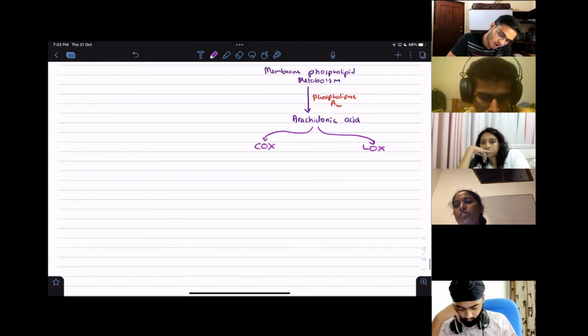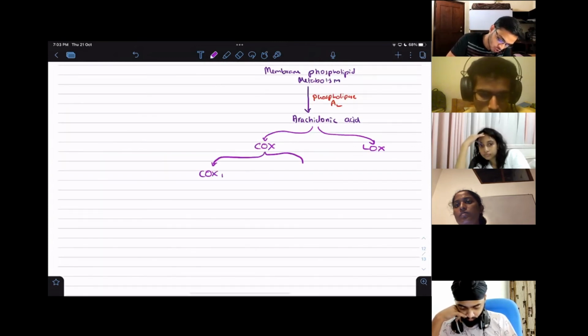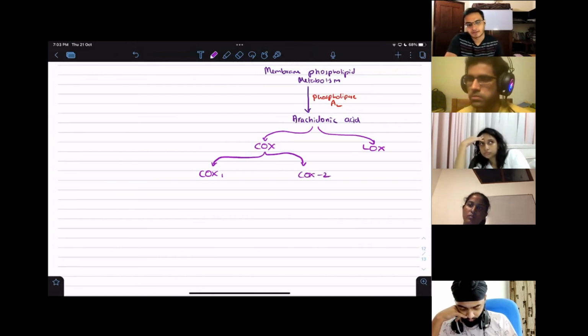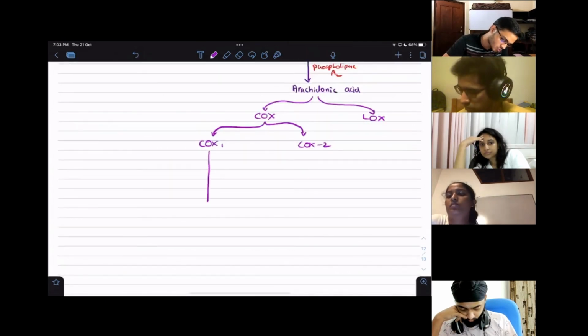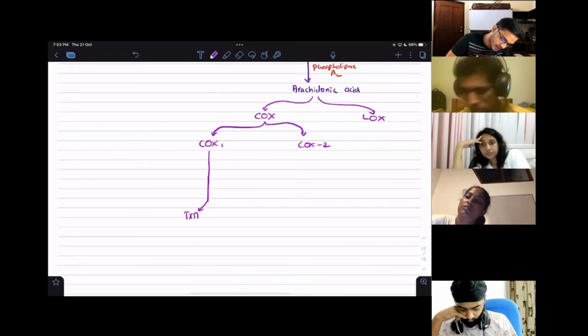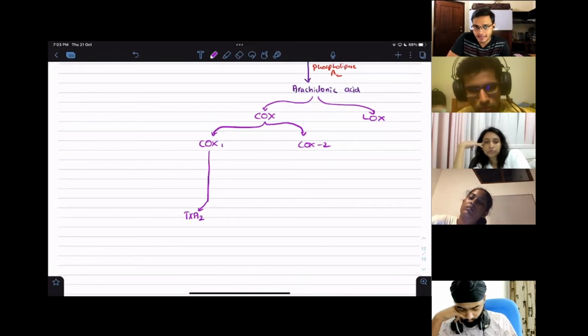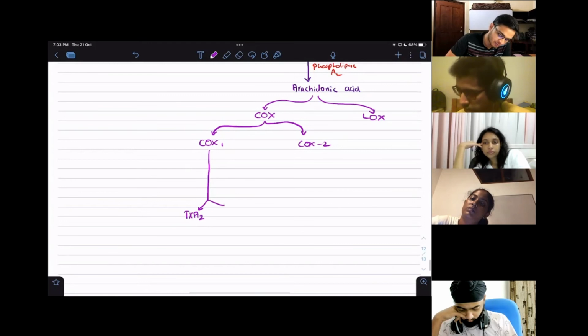We'll look at this COX-1. COX, guys, can go to COX-1 or COX-2 pathways. Now, cyclooxygenase 1, guys, mainly produces thromboxane A2 and prostaglandin I2.